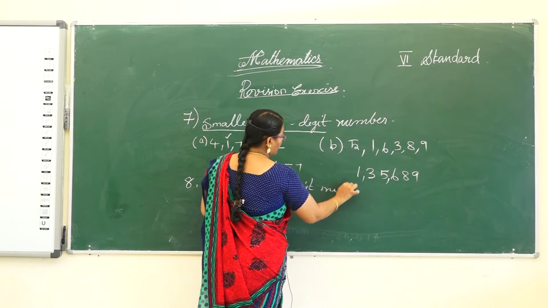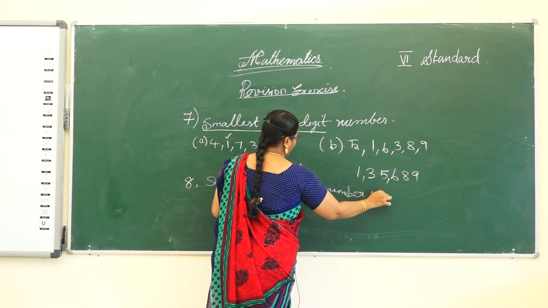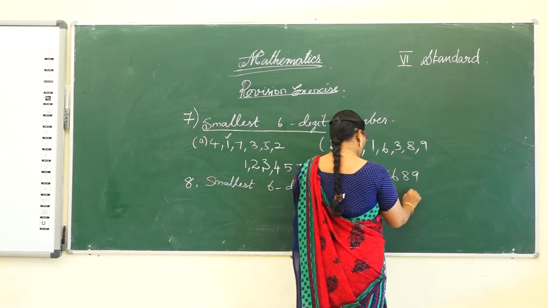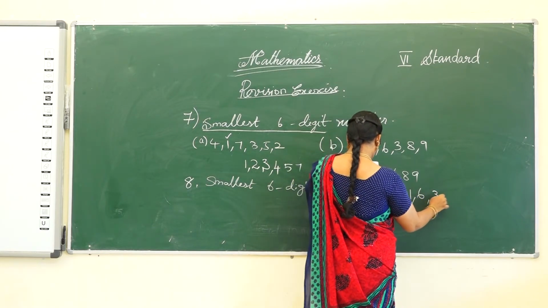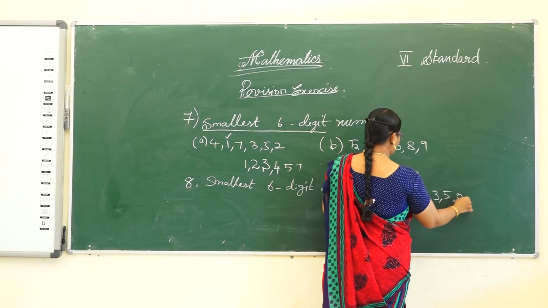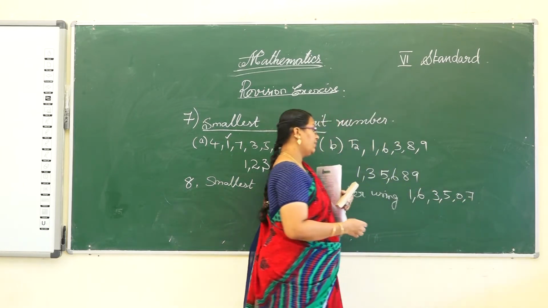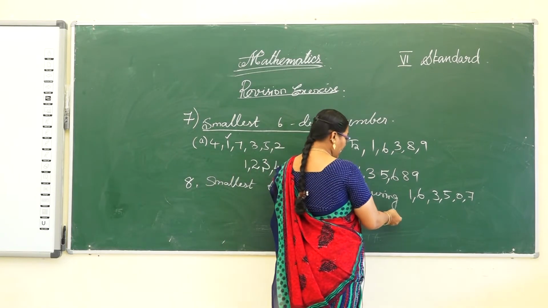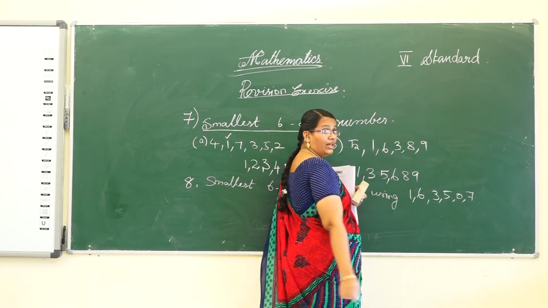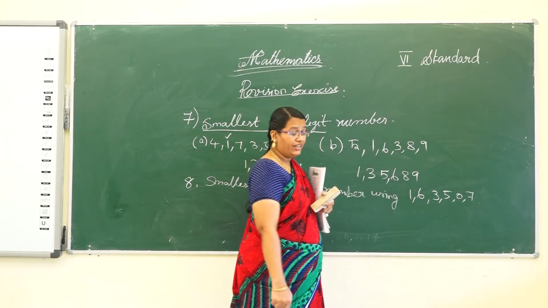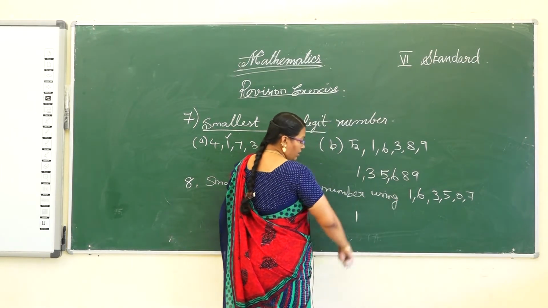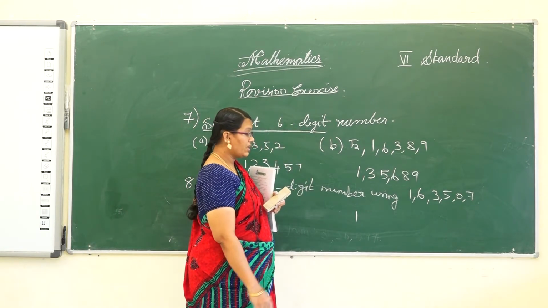number using the numbers 1, 6, 3, 5, 0, 7. Here the smallest number among the given numbers is 0, but you cannot write it in the front of the number. This is not valid. So the next smallest number is 1. Let me consider the first number as 1.